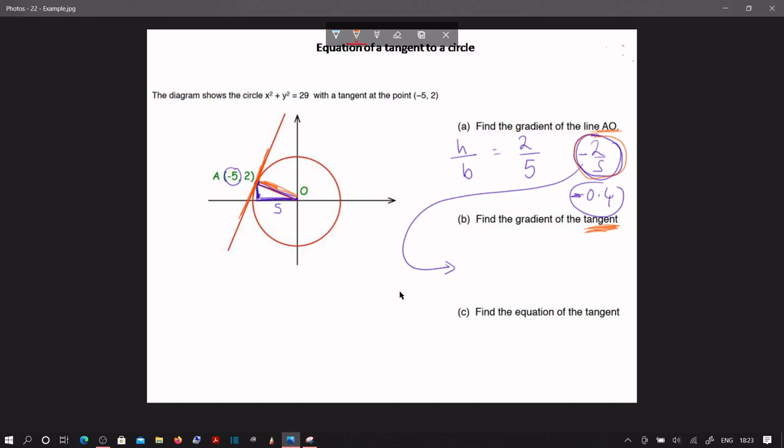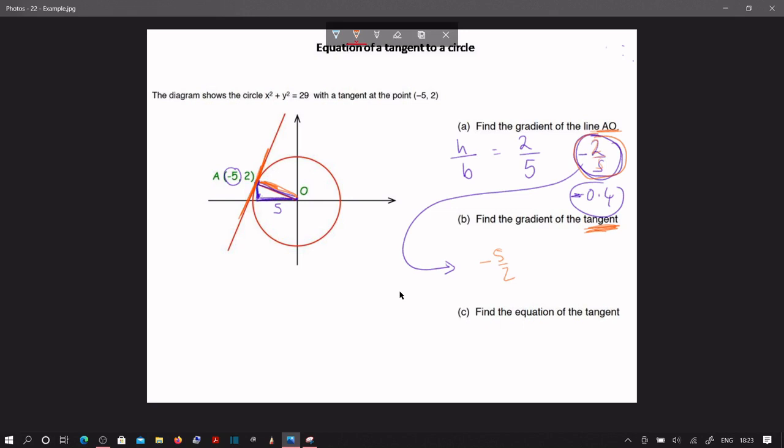And this was covered in a previous video. What you do, see that 2 over 5? At the moment it's 2 over 5 for the line AO. You have to flip it, so it'll become 5 over 2. In other words, find the reciprocal.